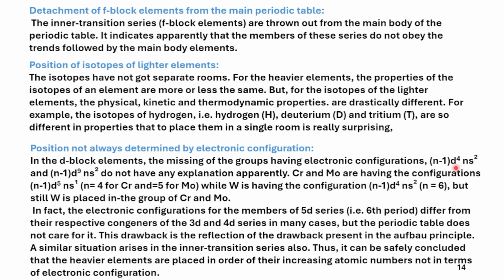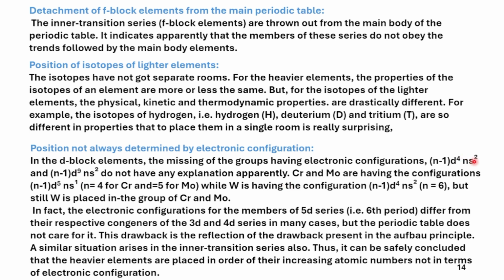The reason actually is the half filled, full filled concept. So if you see n-1 d4 ns2, here d orbital can accommodate 10 electrons, but it has only 4. And if you see n-1 d9 ns2, d orbital can accommodate 10 electrons, it is one short, 9. So it will take one electron from the s orbital and fill the d orbital, so it will become n-1 d10 ns1.